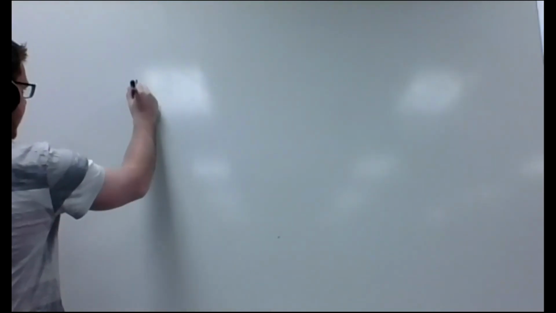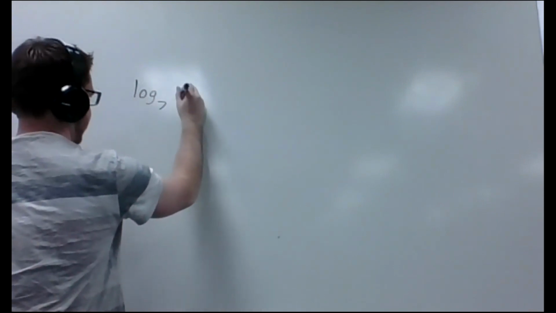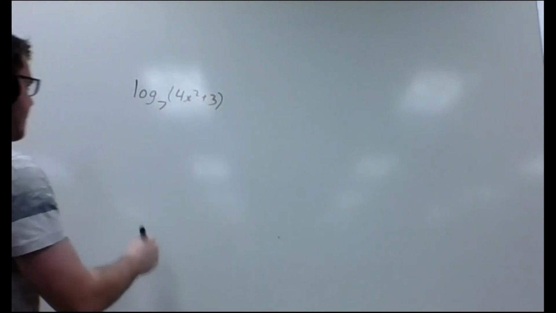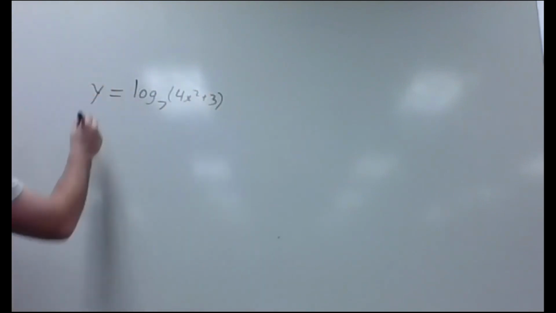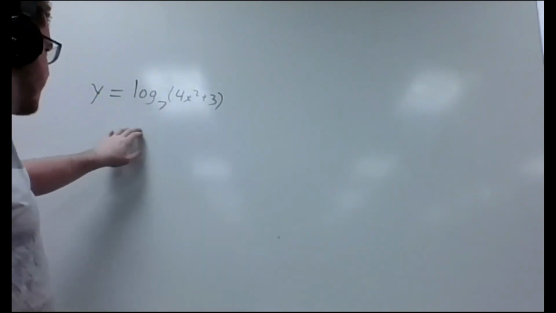So if we have something like a logarithm of base 7 of, let's say we have something like this, and we want to take the derivative of a function with this log.